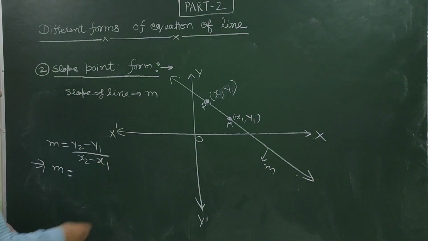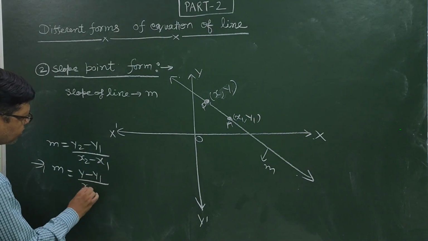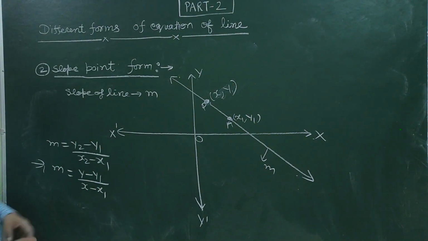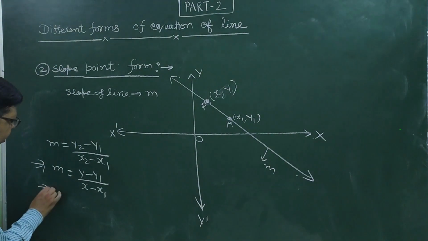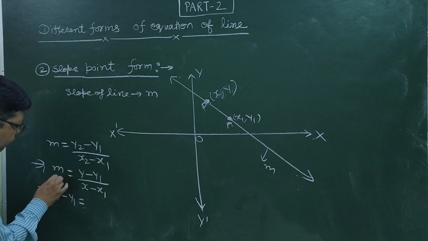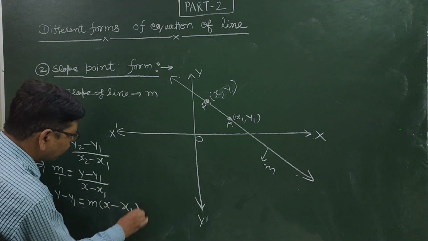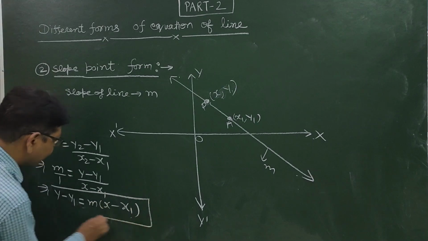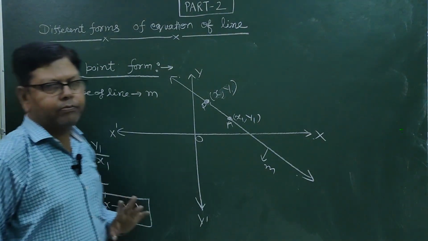So m is equal to y minus y1 upon x minus x1, taking this as x2, y2. This implies that y minus y1 is equal to, by cross multiplication, m into x minus x1. So this form is known as the slope point form.